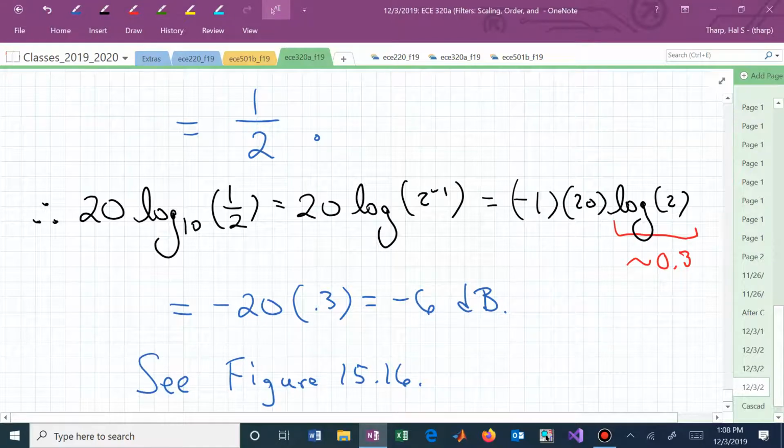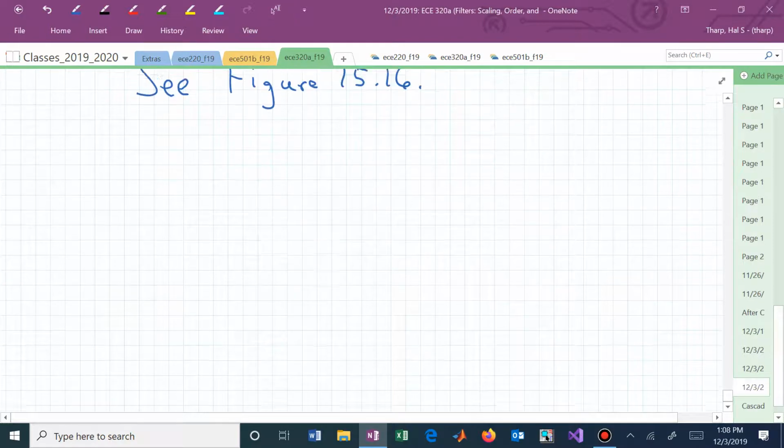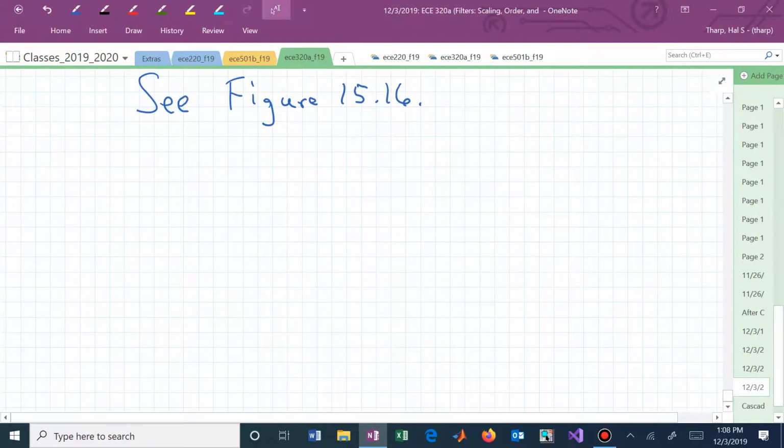And that's illustrated right here in figure 15.16. It should be very clear. Let's see if I can find it.